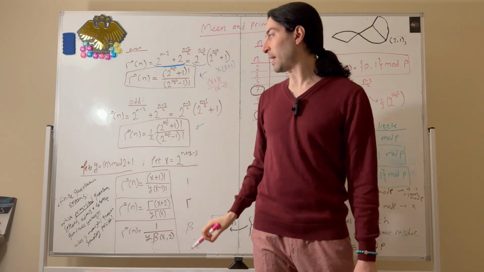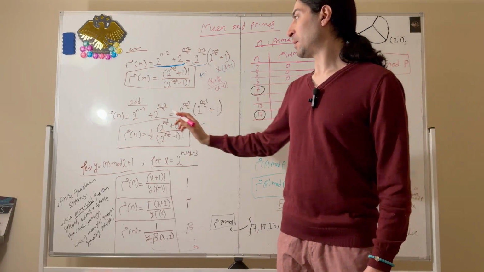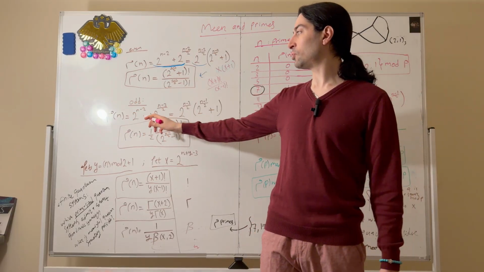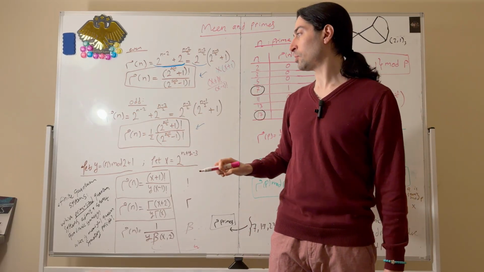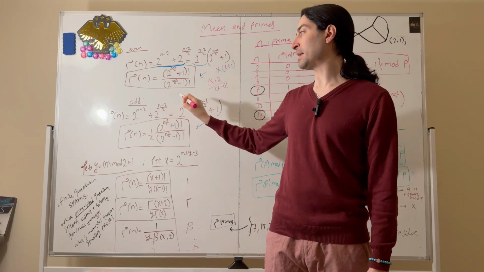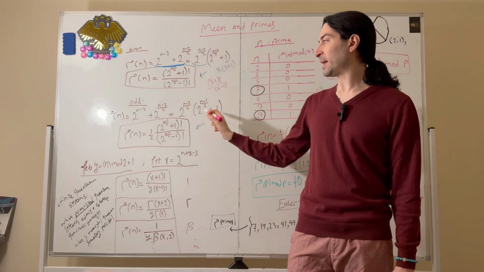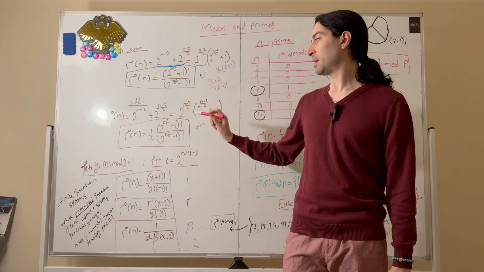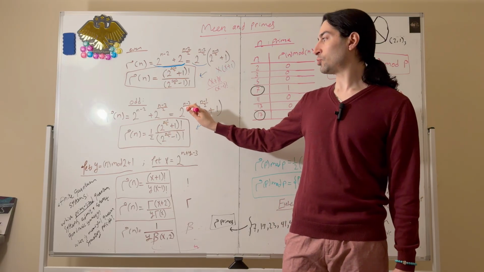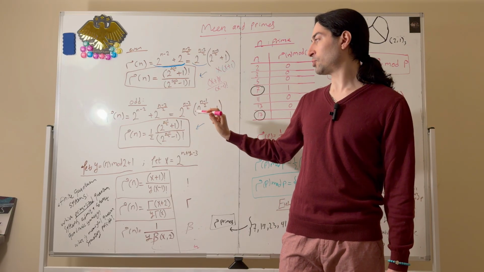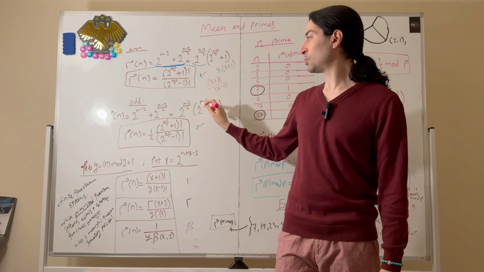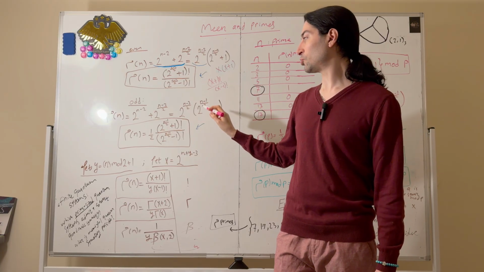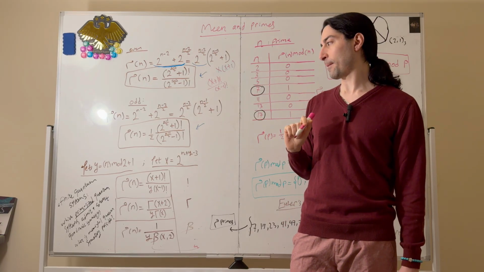Now for the odd values of n, Meem of n is equal to 2 to the n minus 2 plus 2 to the (n minus 3) over 2. We can simplify this further into this form: 2 to the (n minus 3) over 2 times (2 to the (n minus 1) over 2 plus 1).